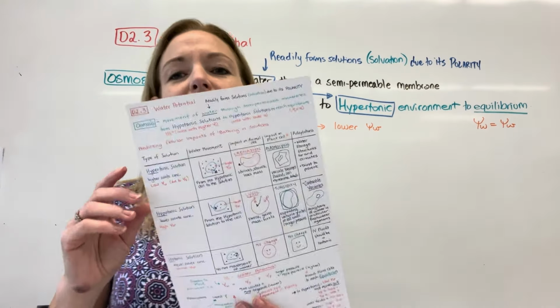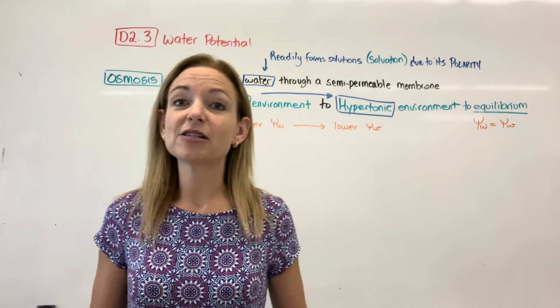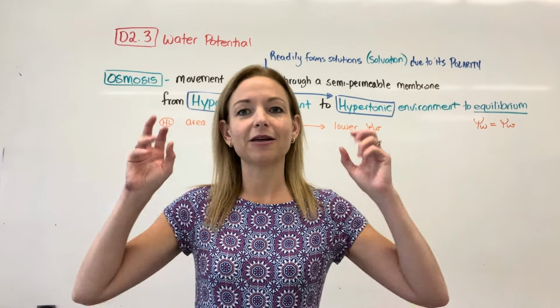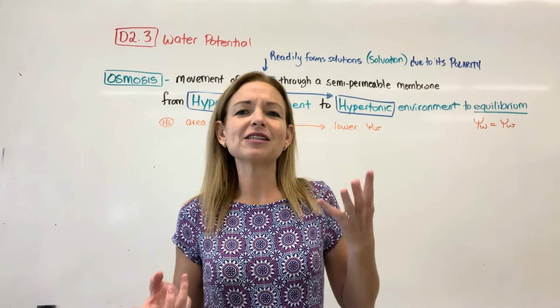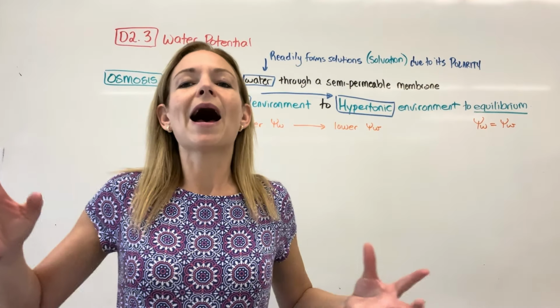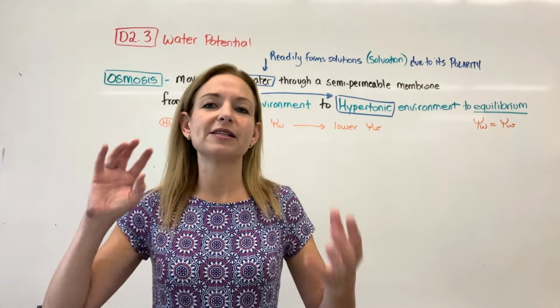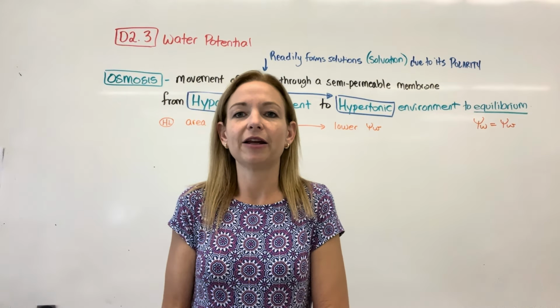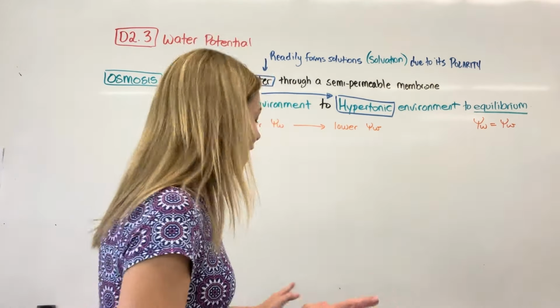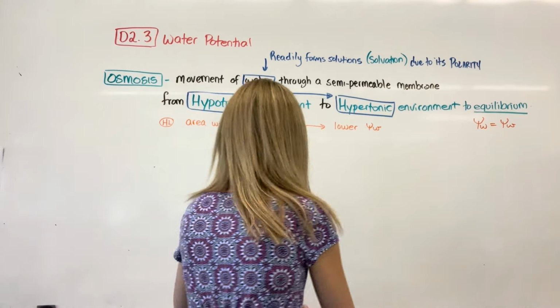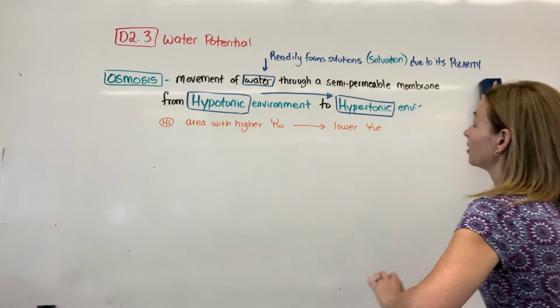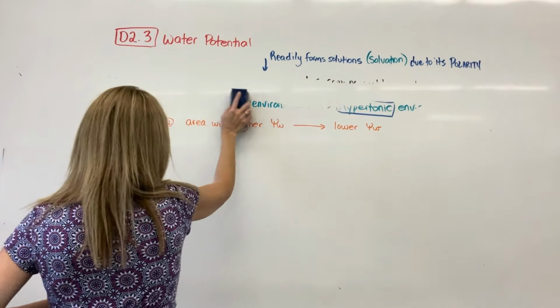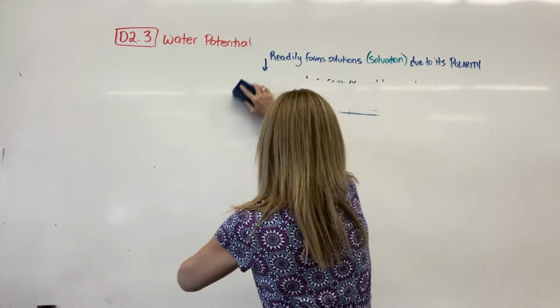So what we're going to do now is make a chart of what happens to a cell if you were to bathe it in a solution. So this is looking at essentially tissue outside of a multicellular organism where there's other things in place. And if you were to immerse it in that kind of solution, what would happen. So we're going to do a big chart of this that will take up all of the rest of your page if you're SL, so you can make your chart giant.